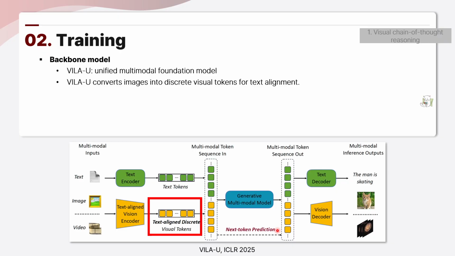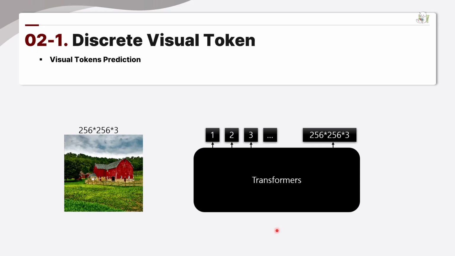We need to understand the part about discrete visual tokens first. Actually, image is continuous data and very large in size, so it's difficult to use transformers. Imagine generating an image of size 256 by 256 by 3 autoregressively. That's extremely difficult.